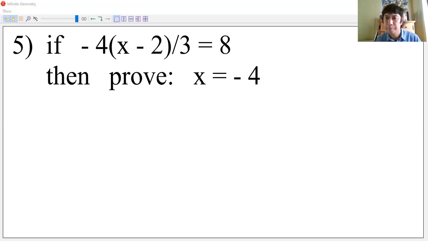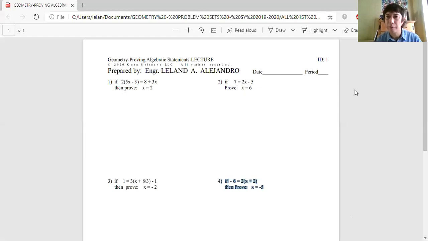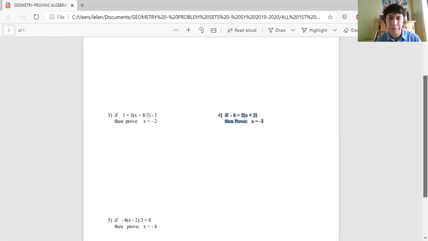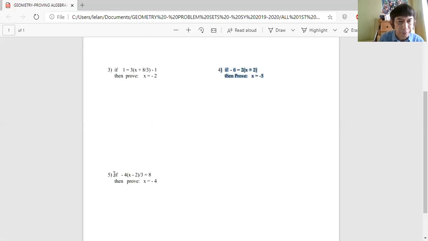Okay, this one. We're doing number 5. Okay, so let me scroll to the 5th one. And we have 5 lecture examples. Okay, so let me go back to where we're doing our solution. Okay, that must be this one.